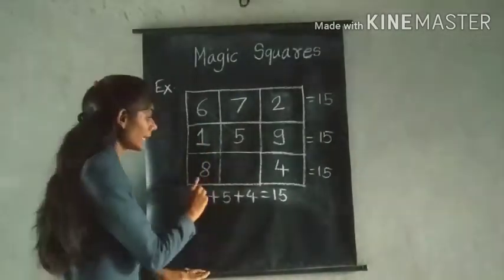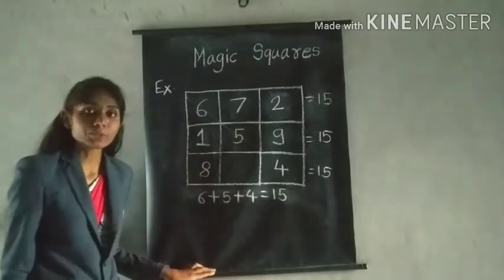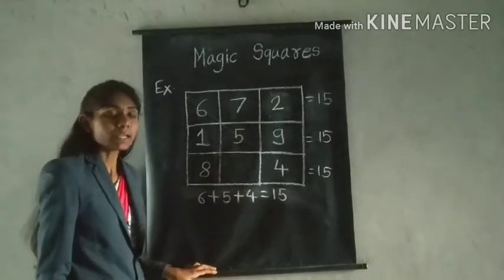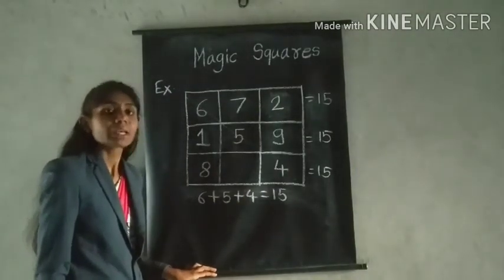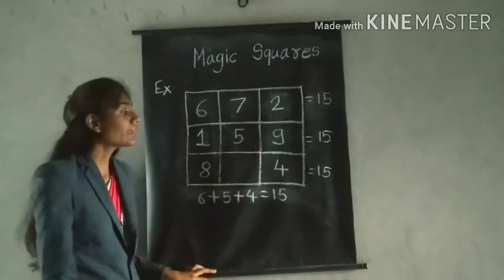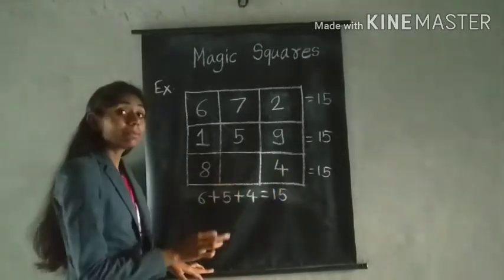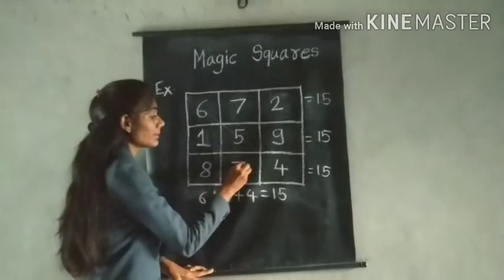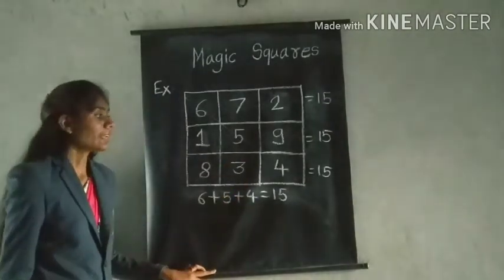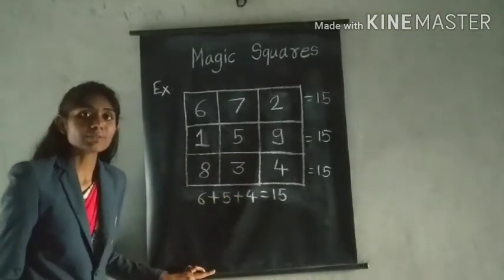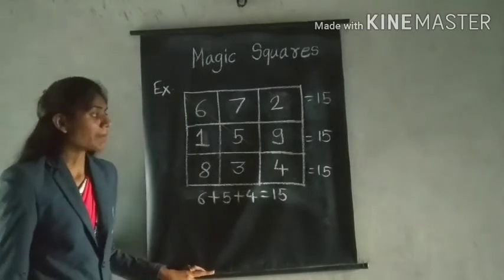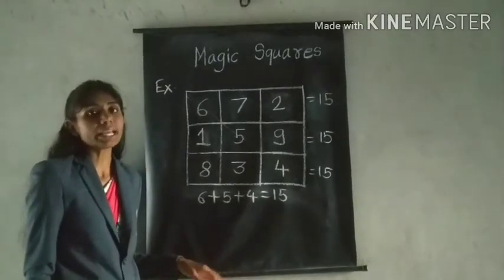Another, 8 and 4. If we add together, 8 plus 4 equals 12. So what will be the answer? When we fill the 3, then our sum will come 15. So in this way we can solve the magic square examples.